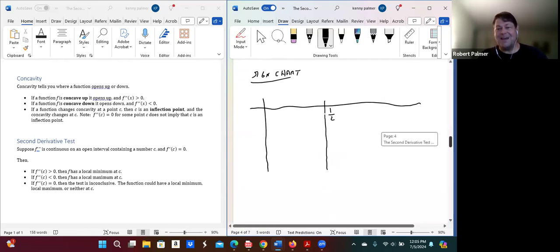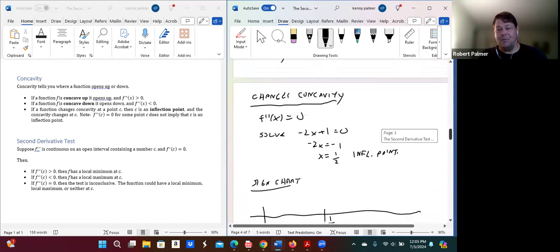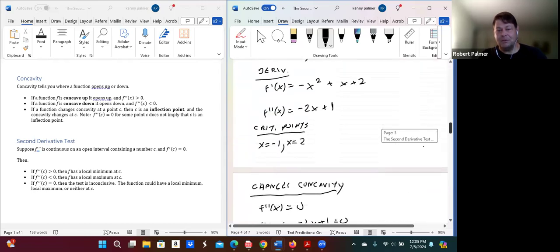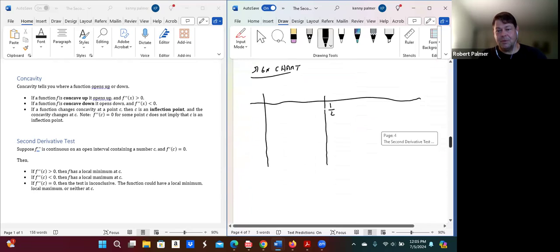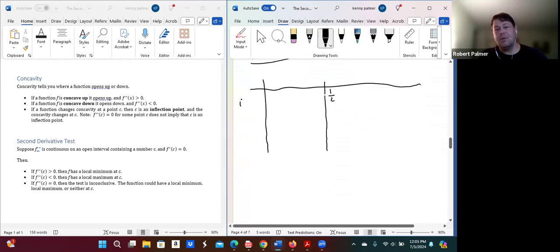So we need to find the sign of f double prime of x, which is, of course, equal to negative 2x plus 1. Okay. Now, that's where concavity changes.